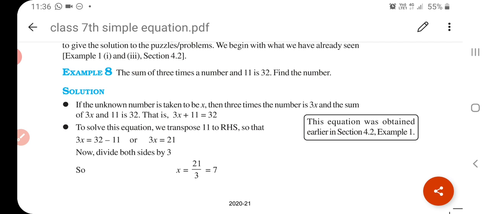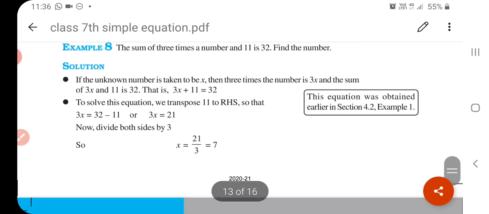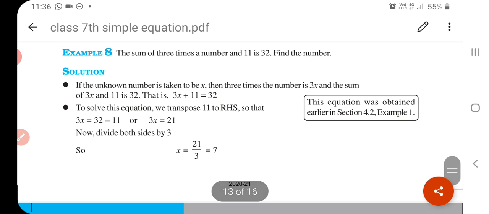Then 3 times a number means 3x, and sum means plus, so 3x plus 11 is equal to 32. This equation was obtained earlier in section 4.2 also. We have to solve it, and we have solved so many questions. Now how to solve it?